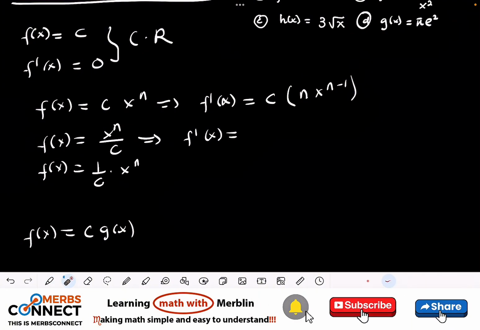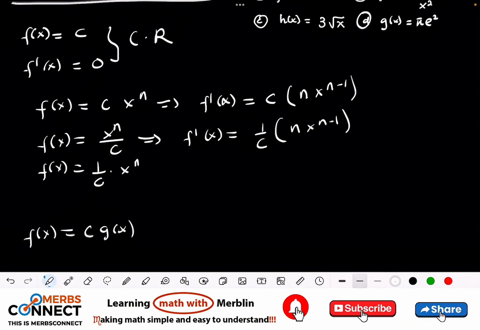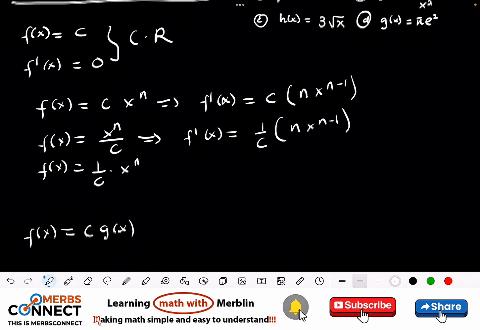So my constant here now is 1 over what? c. So I can factor 1 over c out, and then differentiate this, which is going to give us n x^(n-1).